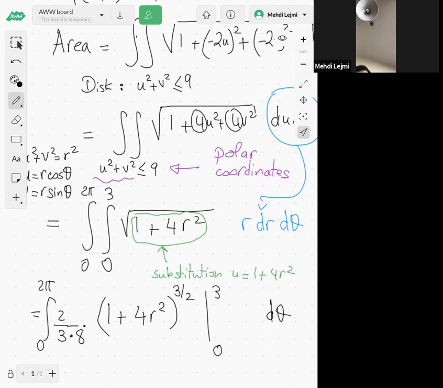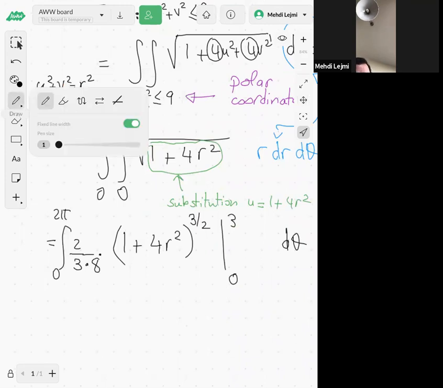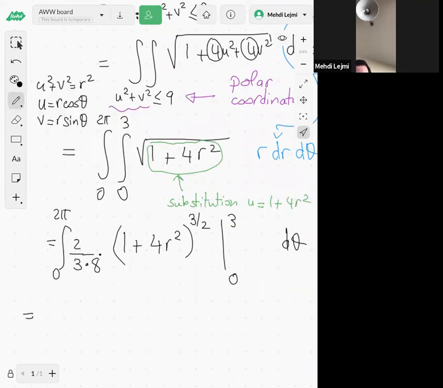And then, okay, so this is just evaluation here. You integrate with respect to theta. That's just 2 pi. This is 2/8, that'll be 1/4 here, and then 1/12.